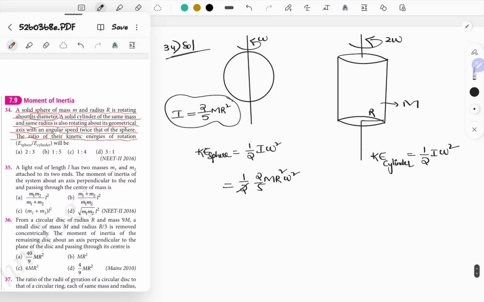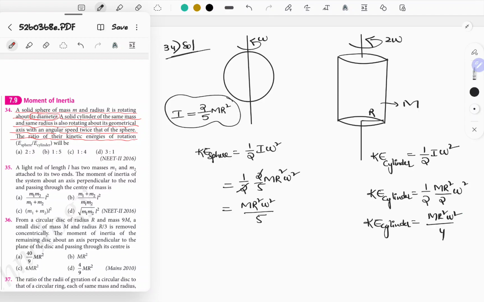So the 2 will get cancelled out, and you are going to get m r square omega square by 5. Now look at this. The kinetic energy of the cylinder is equal to 1 by 2, and the moment of inertia of the solid cylinder is m r square by 2, the same as a disk, times omega square. So the kinetic energy of the cylinder is m r square omega square by 4. What is the question they're asking?